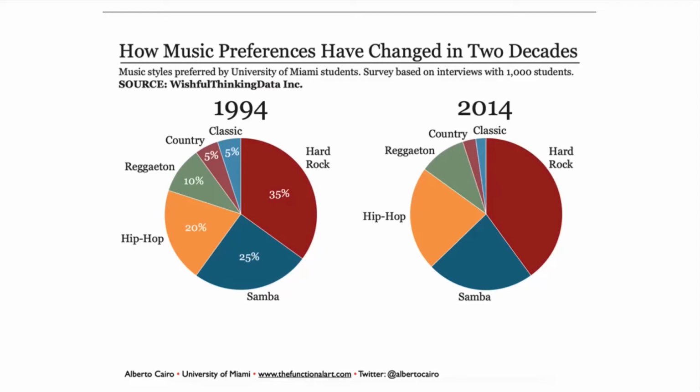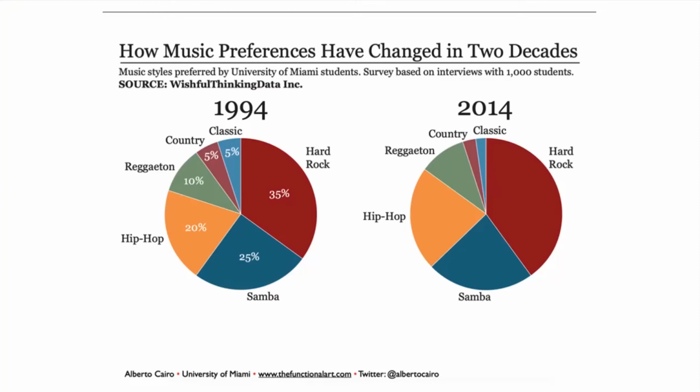We're interested in change. So if we look at the proportion of students who prefer hard rock from 1994 to 2014, it looks like that proportion has gotten bigger. Hip hop, maybe that has gotten bigger as well. But if we look at samba, I'm not sure if that's 25% in 2014.